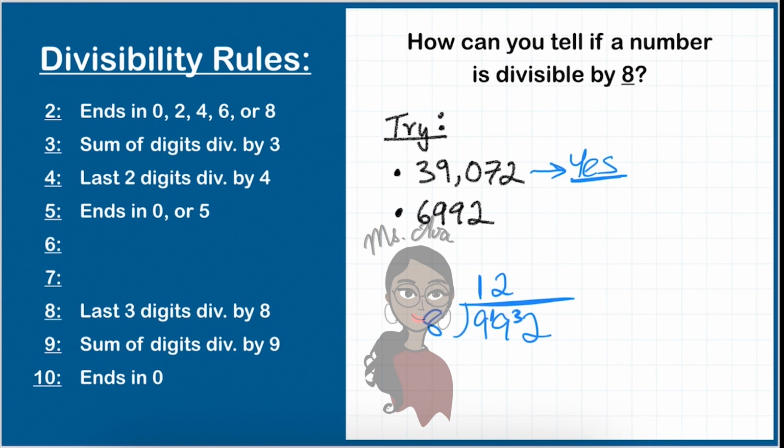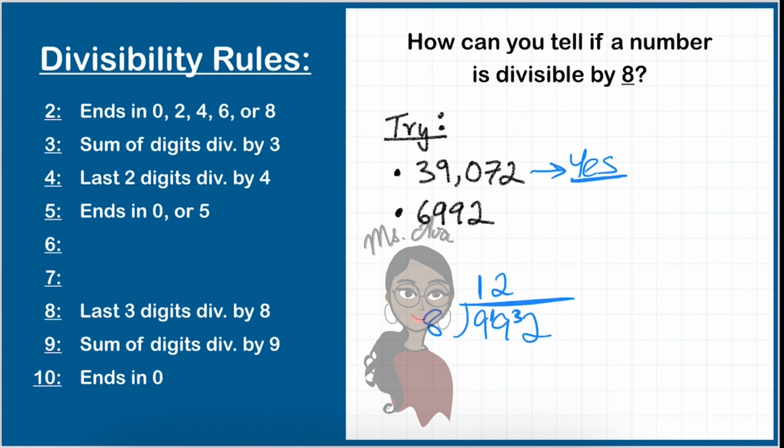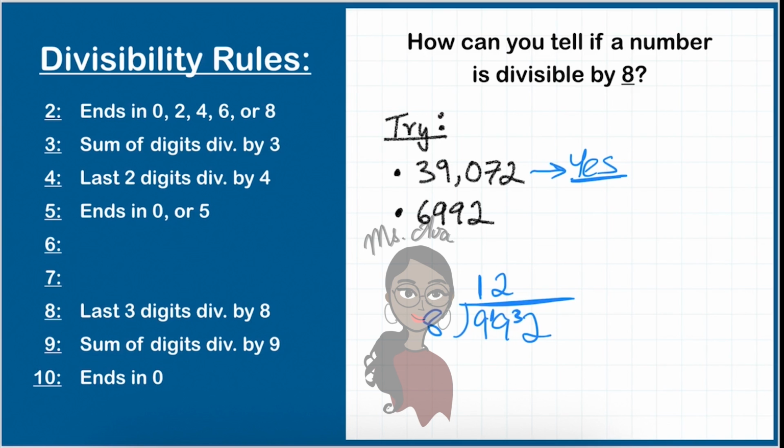How many times does 8 go into 32? 3 times? Nope, it's not 3, it's 4. 8 times 3 is 24, so 8 times 4 is 32. Oh, okay, yeah. Okay, cool. So I put the 4 here, and we know that that goes in evenly, and so that means this is going to be a yes.